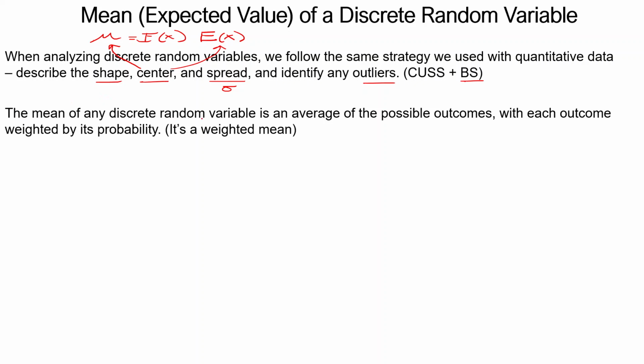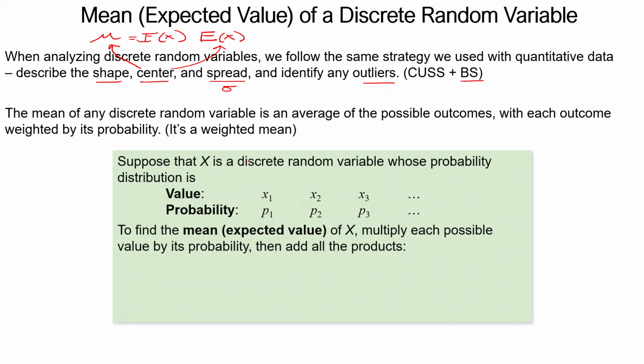It's up to the graph, really. So the mean of any discrete random variable is an average of the possible outcomes, with each outcome weighted by its probability. In other words, it's just a weighted mean. So x values are our x's, and our p's are our weights. And that gives us this.